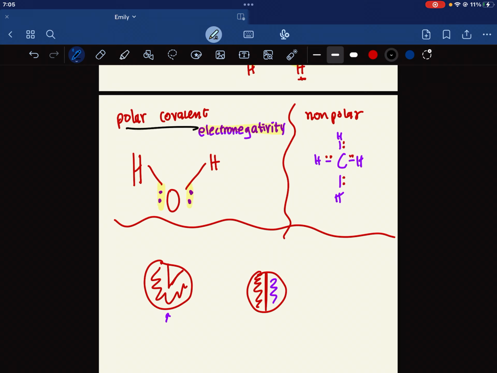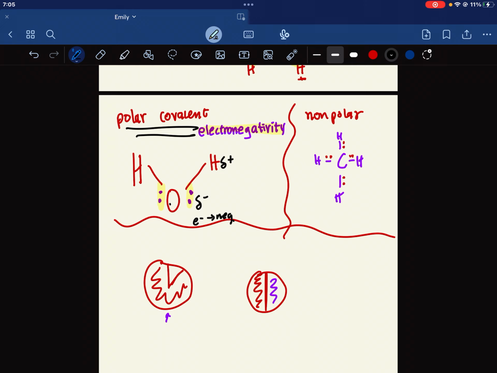So if I look at polar covalent, hydrogen, oxygen, hydrogen, great. Oxygen has the electrons more of the time. It's like the mom in most divorce settlements, right? Oxygen gets the kids most of the time. Oxygen gets the electrons most of the time. Well, what charge does an electron have? An electron's negative, right? So that means oxygen's going to be a little bit negative.